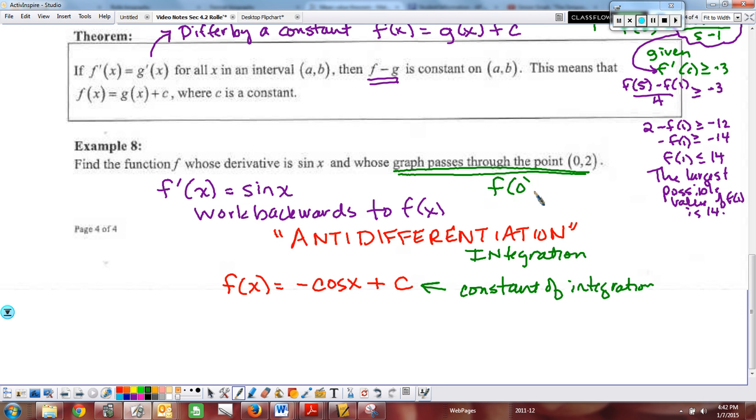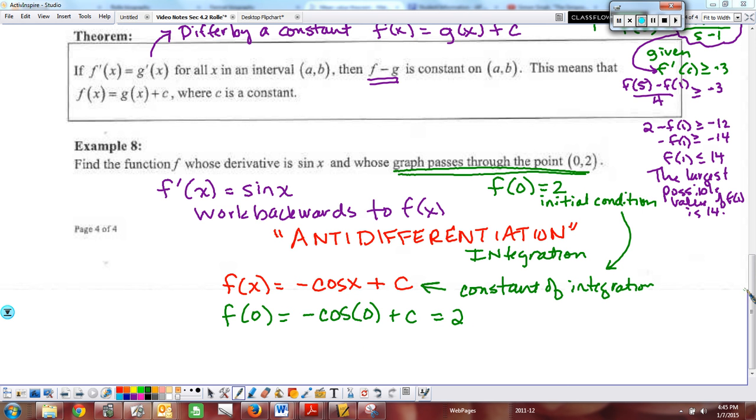So what we know is that f of 0 equals 2. This is what we call an initial condition, and it helps us find the constant of integration. So we plug that in: f of 0 equals negative cosine of 0 plus c, and that equals 2.